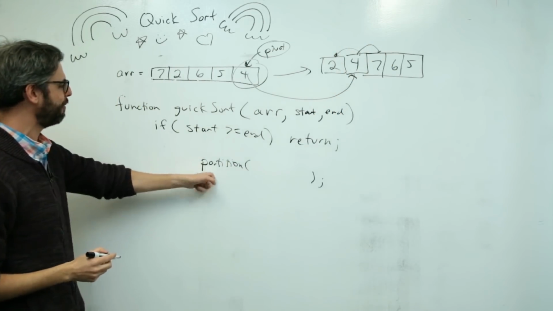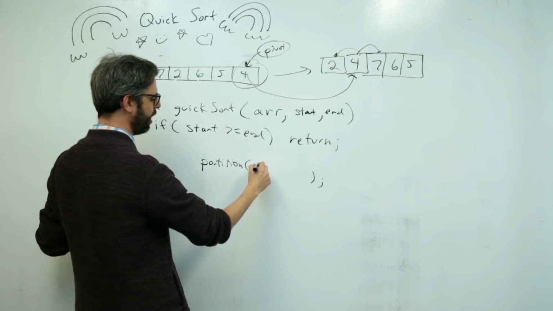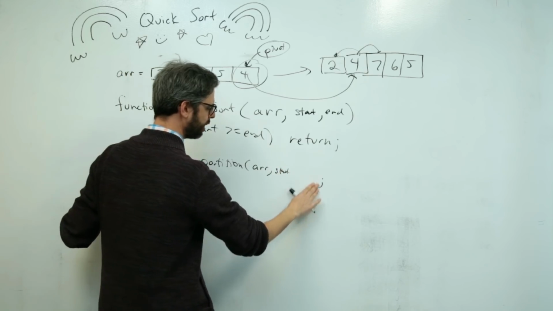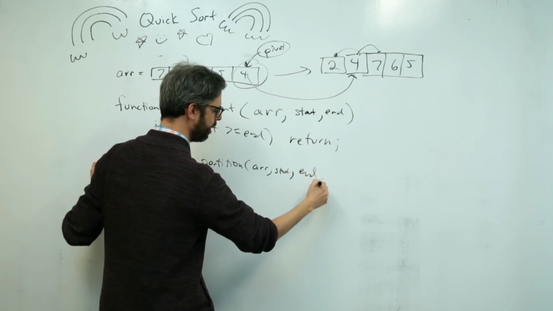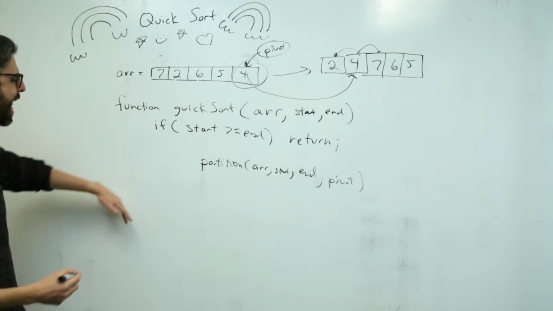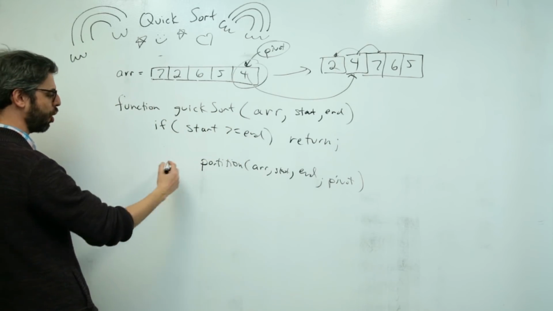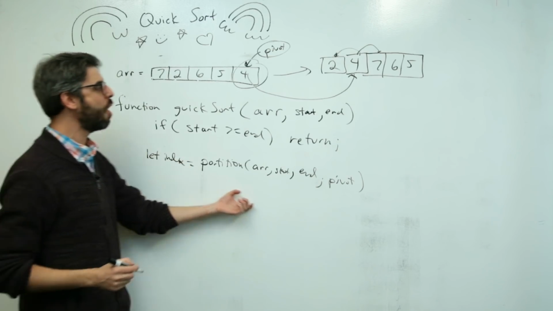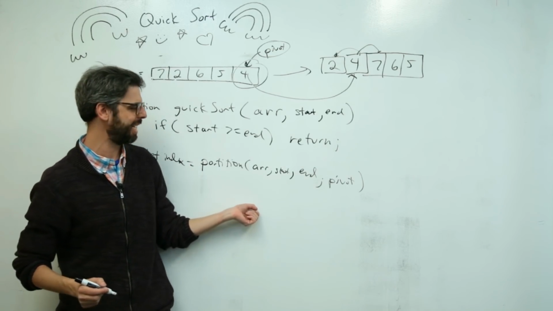So this partition function, where I give it the array, the start, I think I still give it the start and the end, and then also the pivot, right? What I then want this function to return is an index value, the index value of where the pivot ended up.